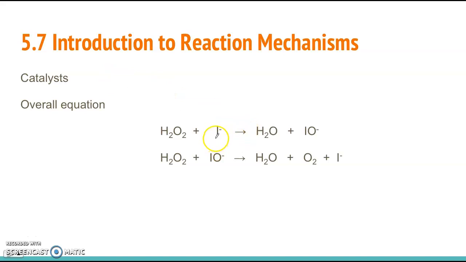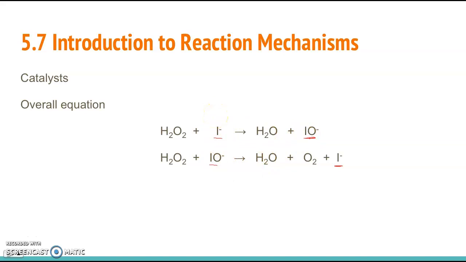In this mechanism right here, the iodide ion is a reactant in the first step and a product in the second. This mechanism also contains an intermediate, this IO negative. It's a product and then a reactant. So IO negative is an intermediate, whereas iodide is a catalyst.